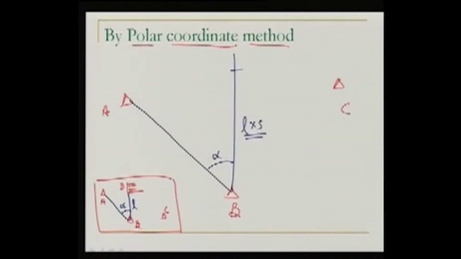So this is the point D, and this is the first corner of our building which has been set out now. So this is the method which we say polar coordinate method.